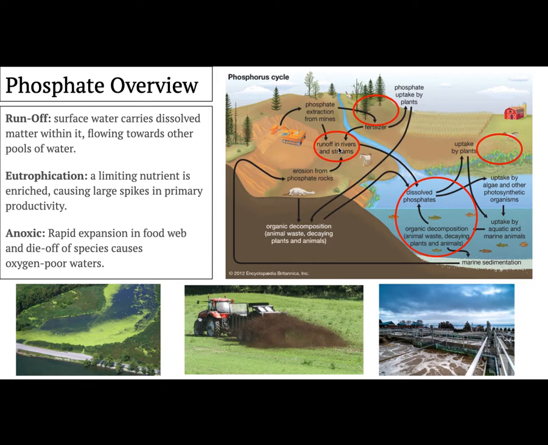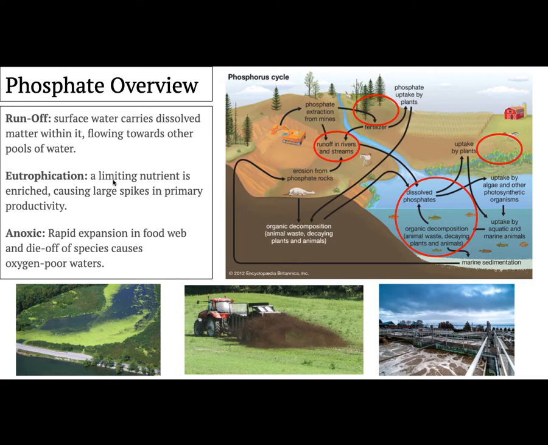And as it moves, because of water's really unique characteristics, it dissolves all of the things that it comes into contact with, such as manure spread on a field, or fertilizer on a lawn, or if we're looking at wastewater treatment sites, sewage that is within carrying or holding tanks. And all of that runoff tends to enter water bodies.